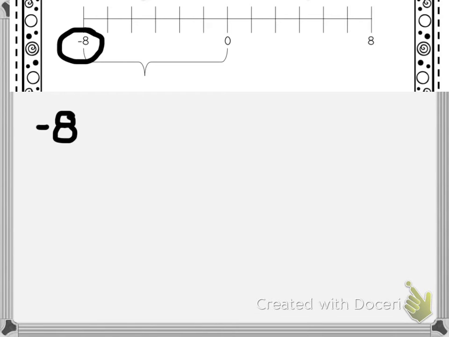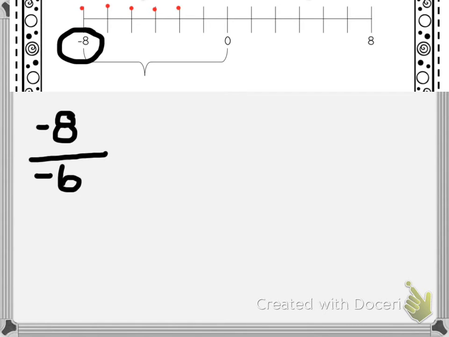Next, I'm going to count how many intervals are on my number line. So I have 1, 2, 3, 4, 5, 6 intervals. I'm going to put that on the bottom.